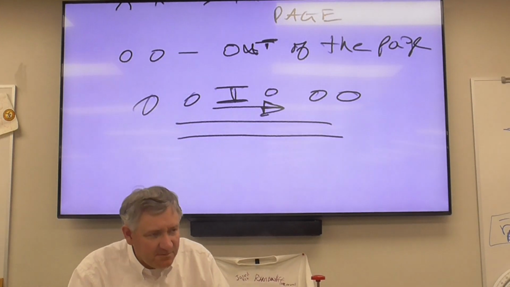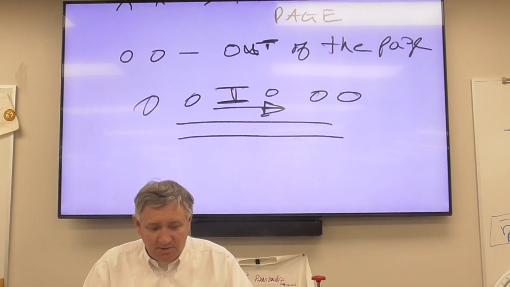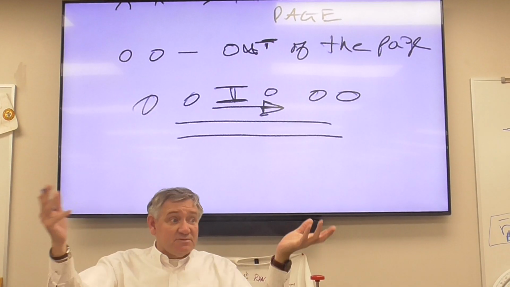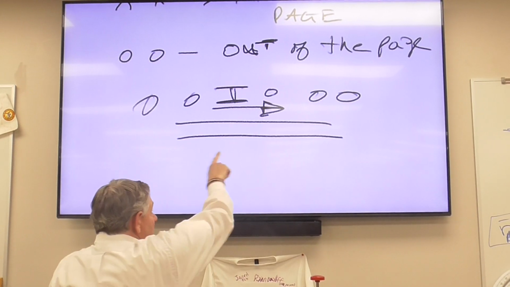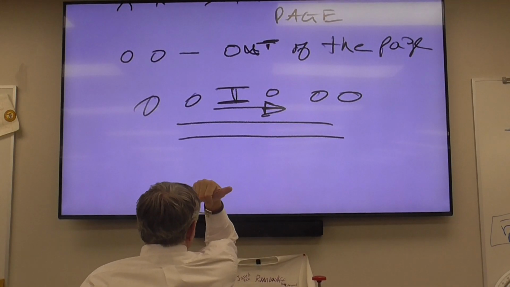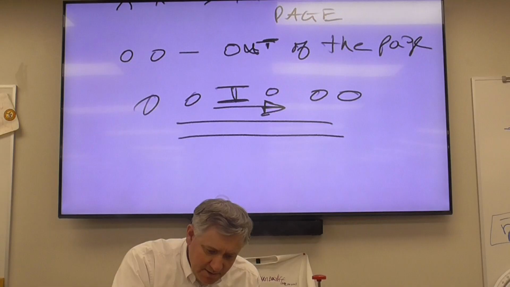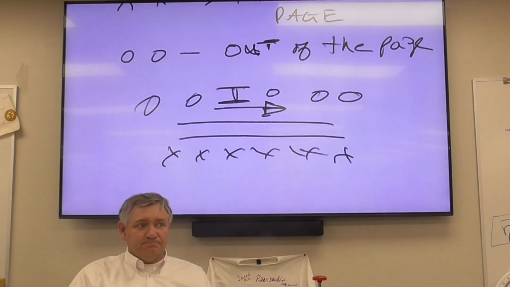Where are you going to have the most intense grouping of circles, closer to the wire or further away? Closer, because there's an inverse relationship, right? So if I've got dots on the top, what am I going to have on the bottom? X's, okay? So down here, I'm going to put X's.